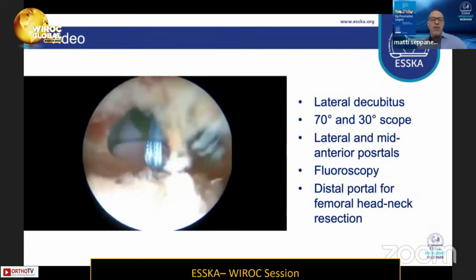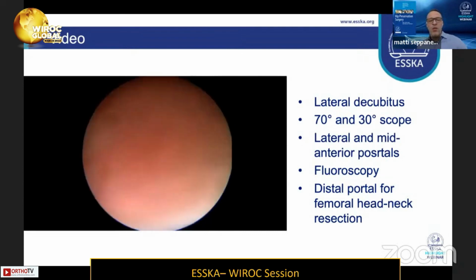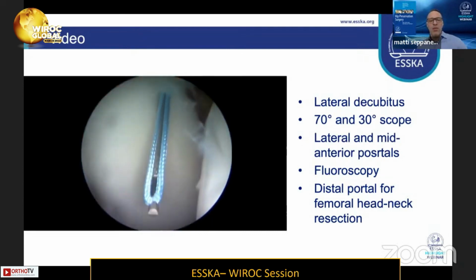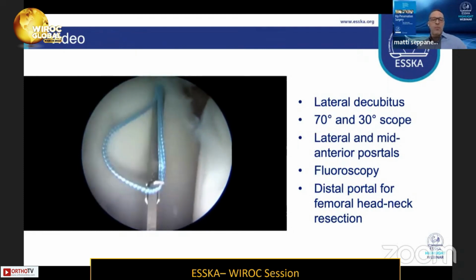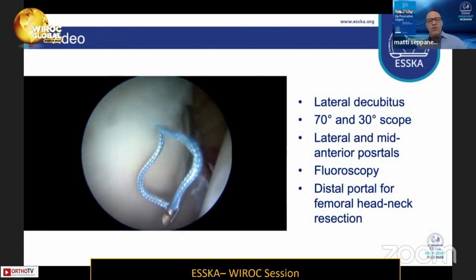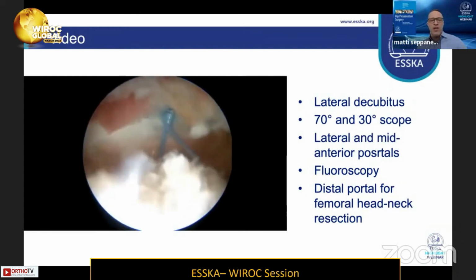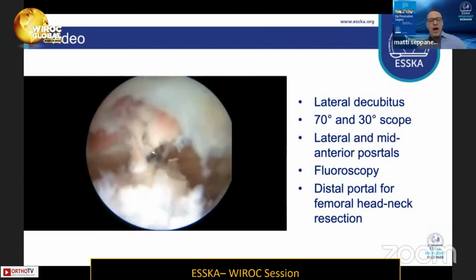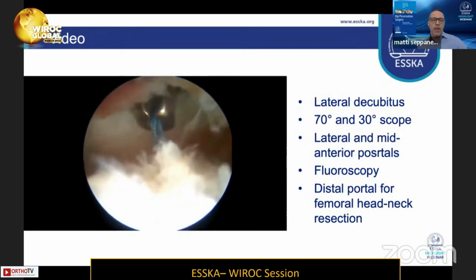You can measure the amount of resection by comparing it to the width of the burr blade. You can see how to put the sutures on, and be careful not to tighten those sutures too much so you don't retract your labrum too much, and you can keep the function of the labrum properly.